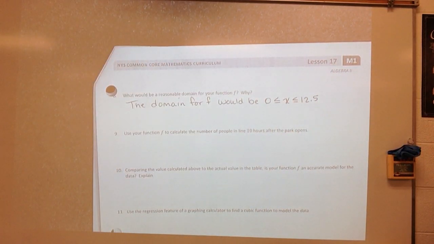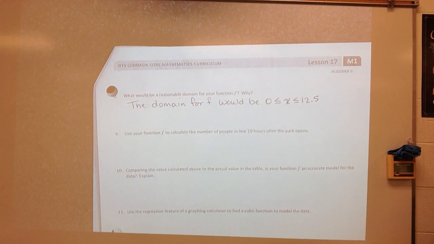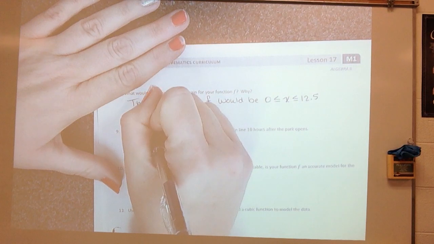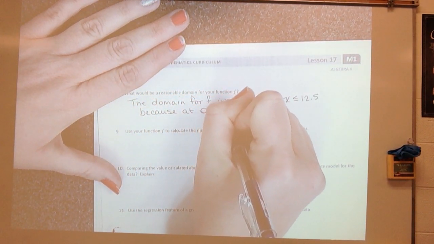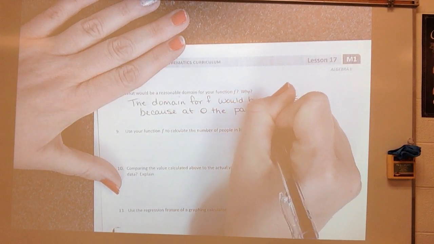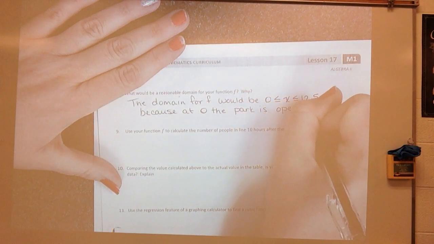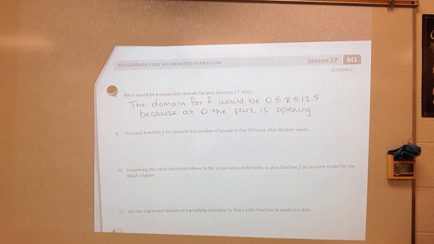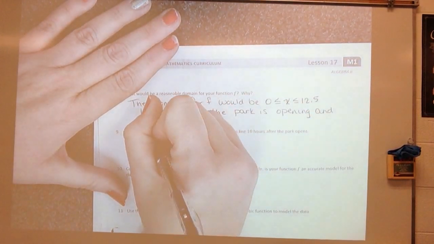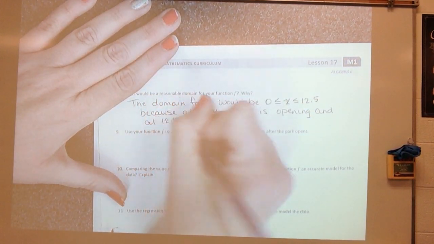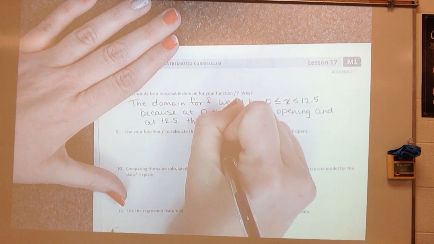Alright, so my x would have to be somewhere between or including 0 and 12 and a half, because at 0, the park is opening, and at 12 and a half, the park is closing.